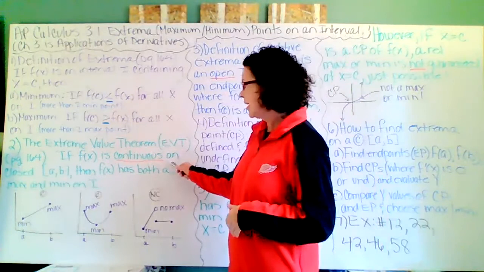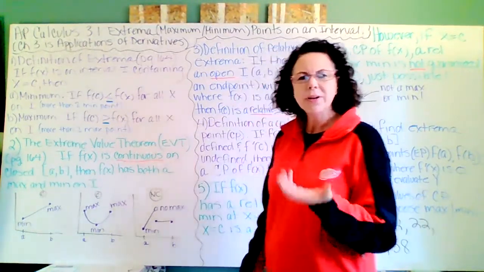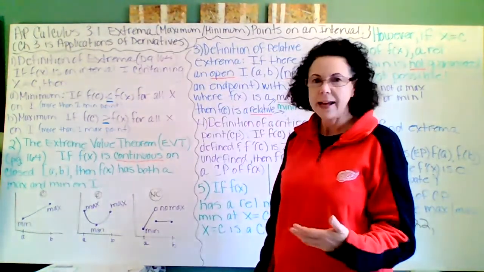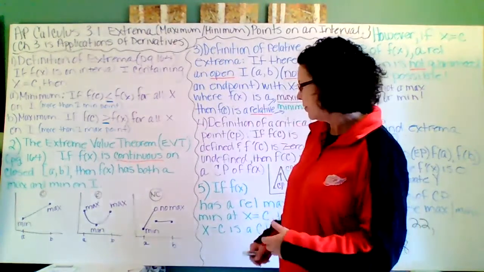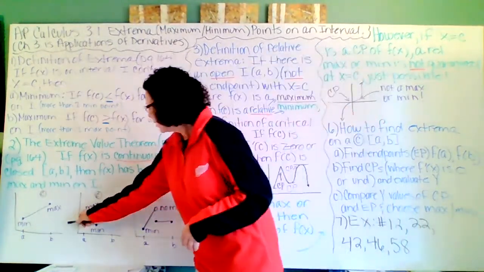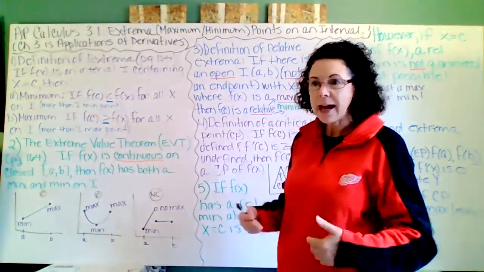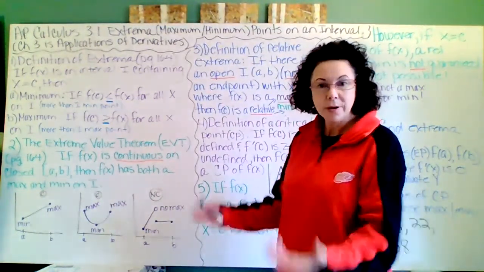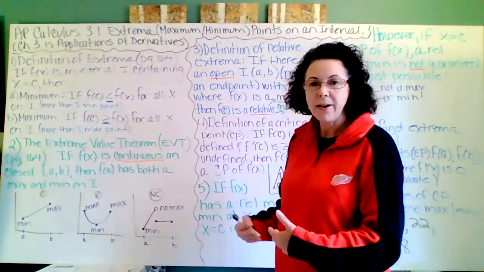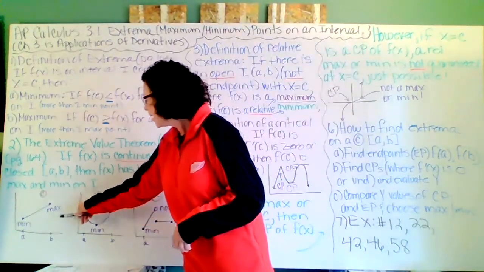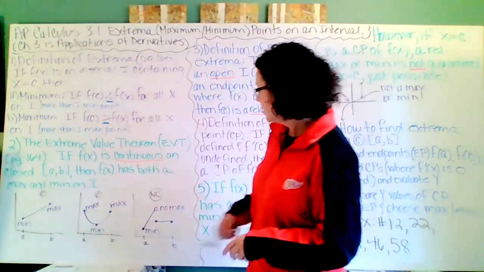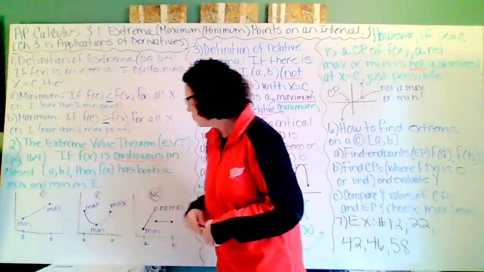The function just has to be continuous. And when you think about that in real life, that kind of has to be, right? If you have a function that is continuous, like these two here, somewhere there has got to be a maximum value. Somewhere there has got to be a minimum value, and they can occur at more than one place.